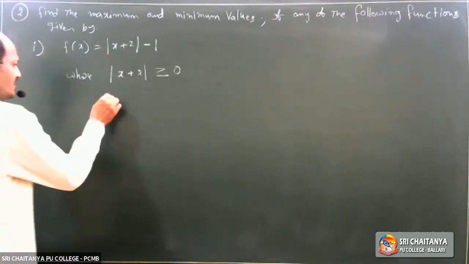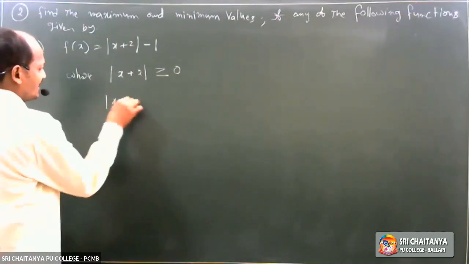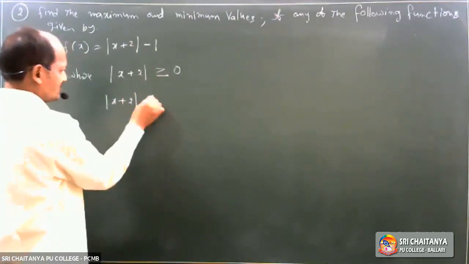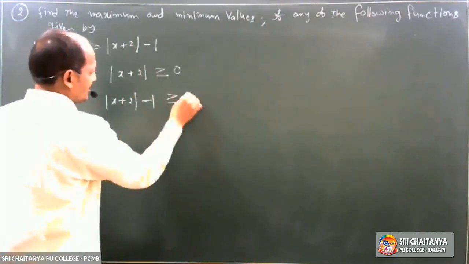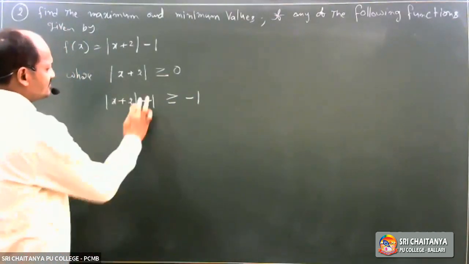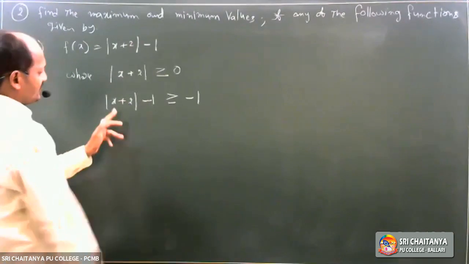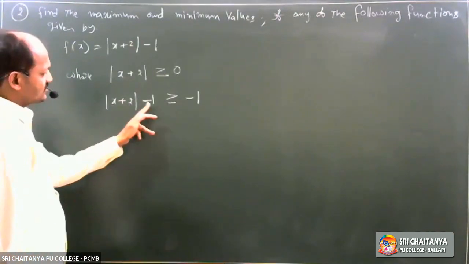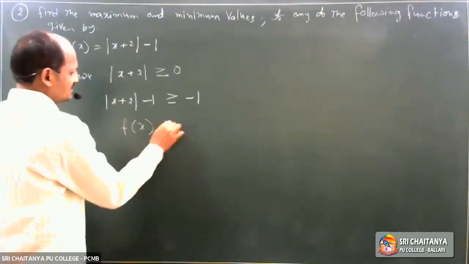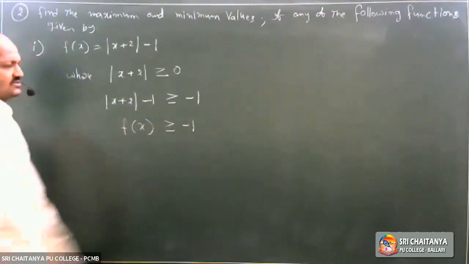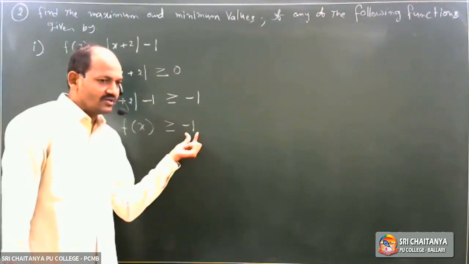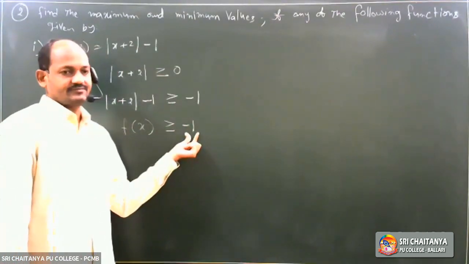So modulus of x plus 2 minus 1 is greater than or equal to minus 1. So for the given function, f of x is greater than or equal to minus 1, which means it has a minimum value.